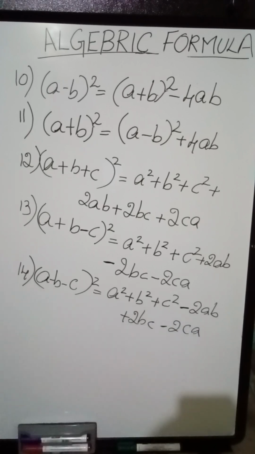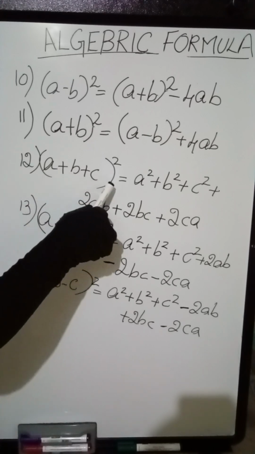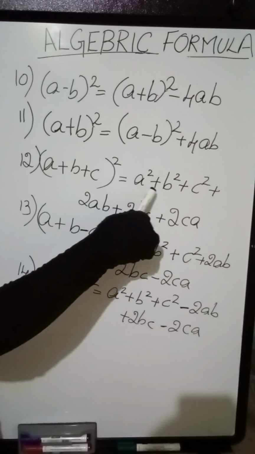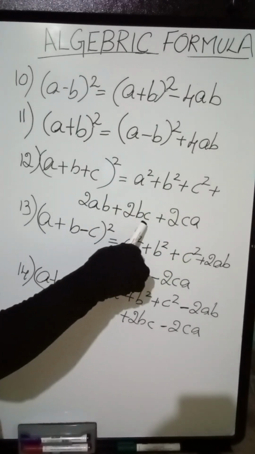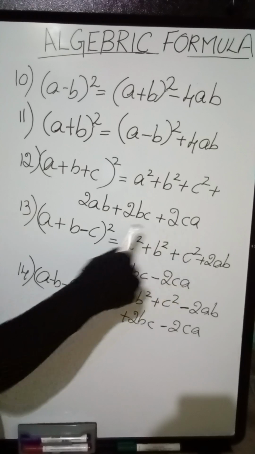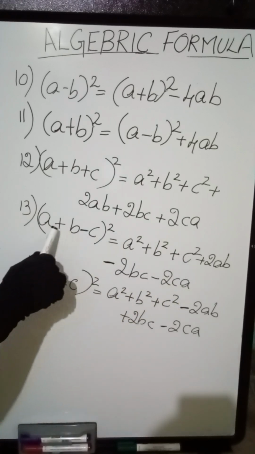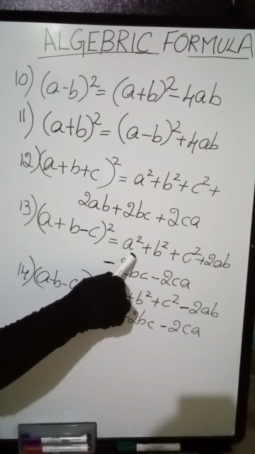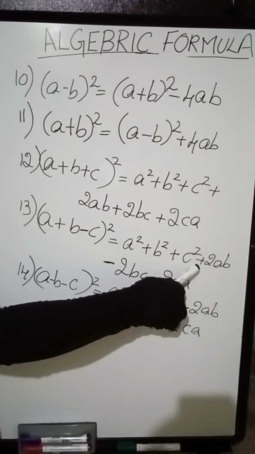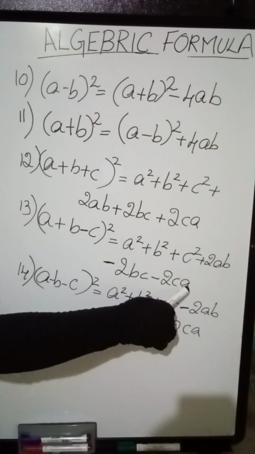So when you have a plus b plus c the whole square, the formula will be a square plus b square plus c square plus 2ab plus 2bc plus 2ca. When your formula is a plus b minus c the whole square, then it will be equal to a square plus b square plus c square plus 2ab minus 2bc minus 2ca.